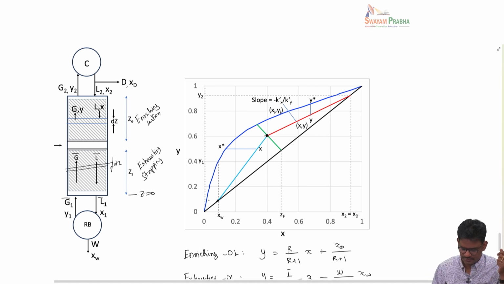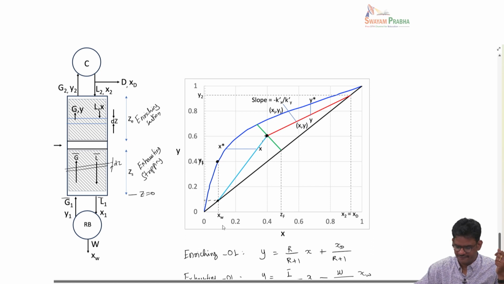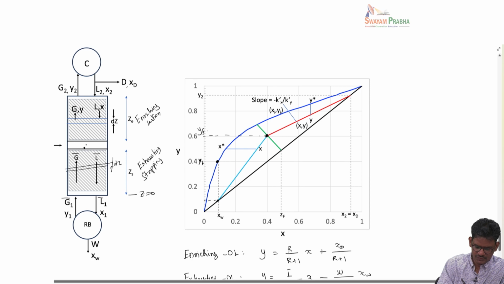Y1 is here, and from here to this point, which is YF. So you can identify the composition just above the feed line.